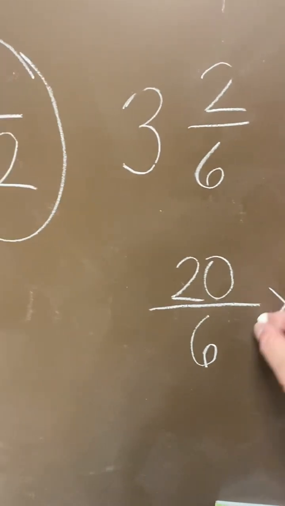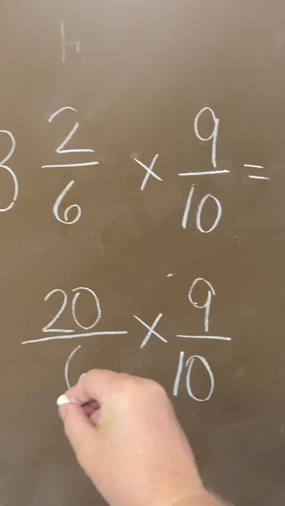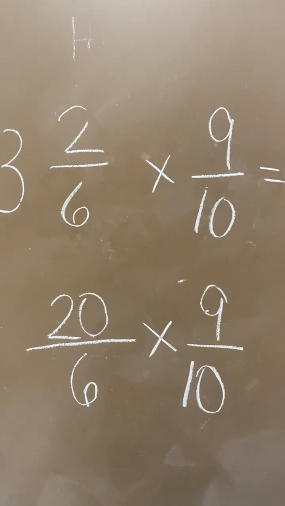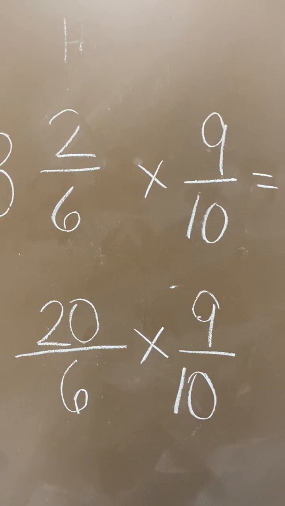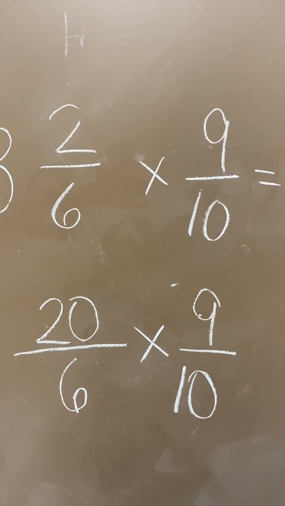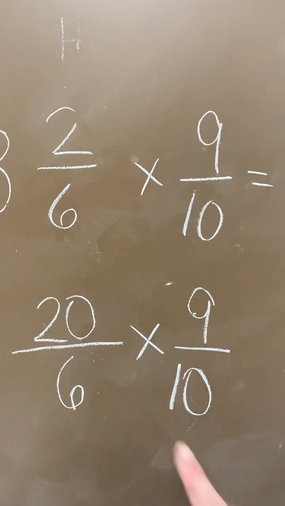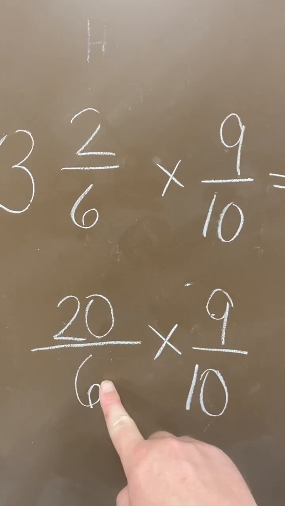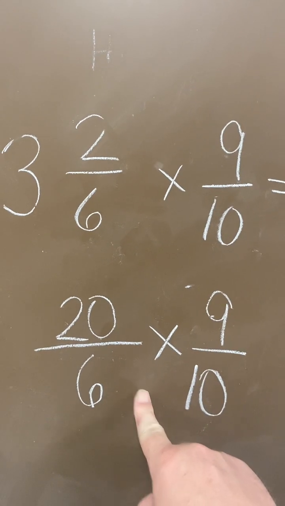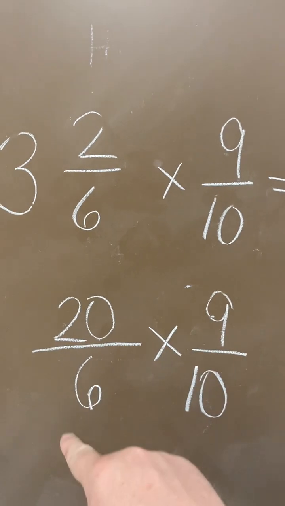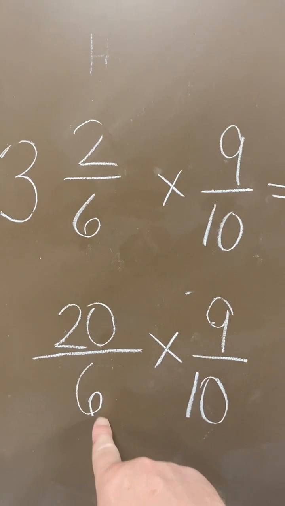Let's look crossways. Can we cancel this way? Yes, we can. 6 and 9 have a relationship in that their numbers work together. 6 can't go into 9, but is there a smaller number that will divide into both of them? Always try the biggest one first, then go down from there. Will 5 work?